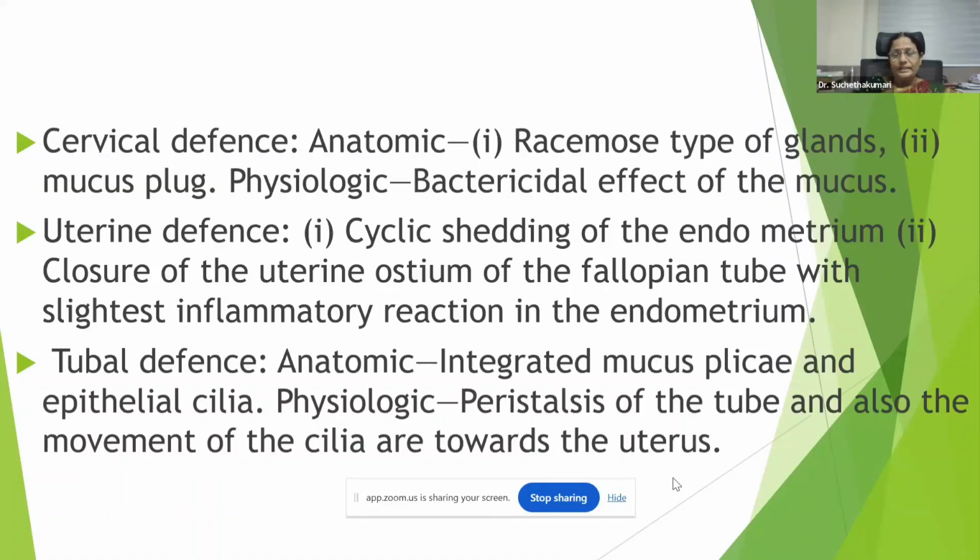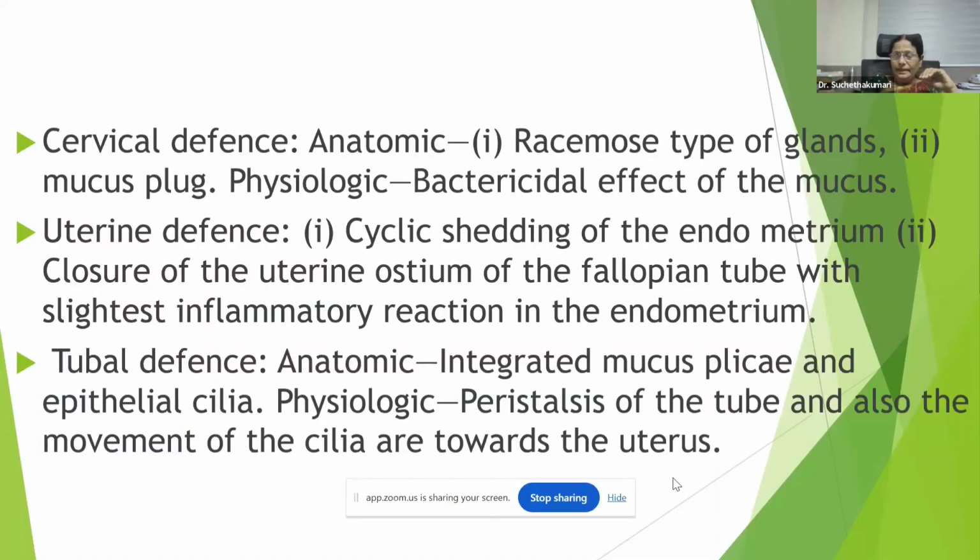Because of this movement of the cilia towards the uterus, any microorganisms which are present in the tube may be pushed into the uterus. From there, they will be expelled out through the vagina during menstruation, wherein the functional layer of the endometrium is shed off.